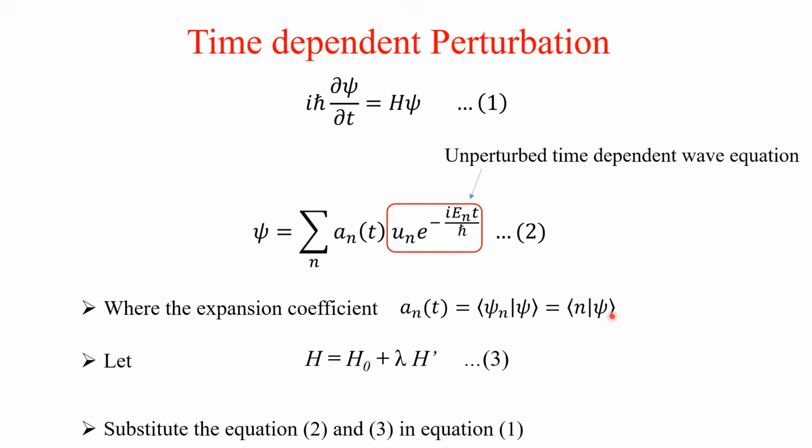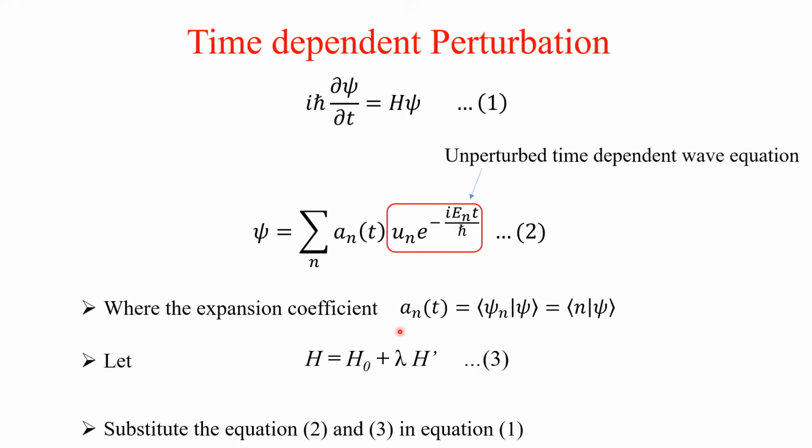In terms of Dirac notation, we can write this as bra n ket ψ. So this is the ψn which I have shown in red colored rectangular parts. I have separated the time independent part, and the time dependent factor I have separated out.